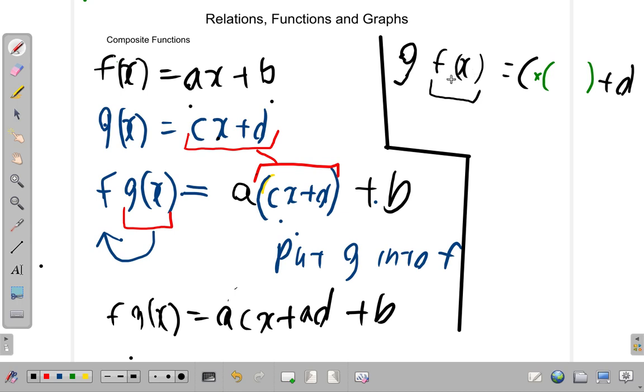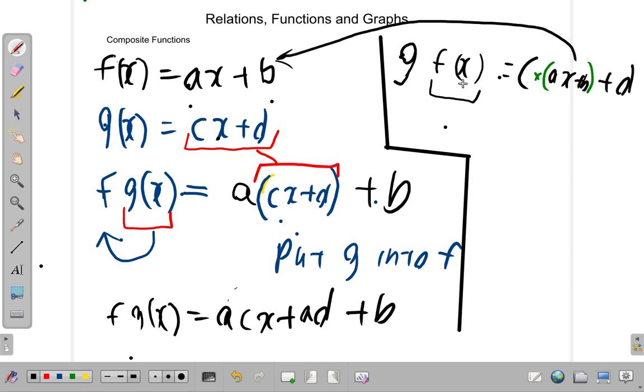So what you're finding is c multiplied by the f of x. That's what we have. But then what is f of x? F of x is ax plus b. So let's remove this and put our ax plus b.